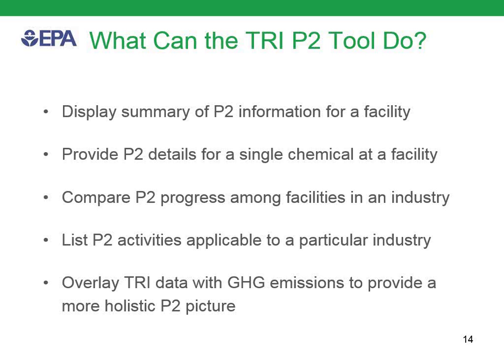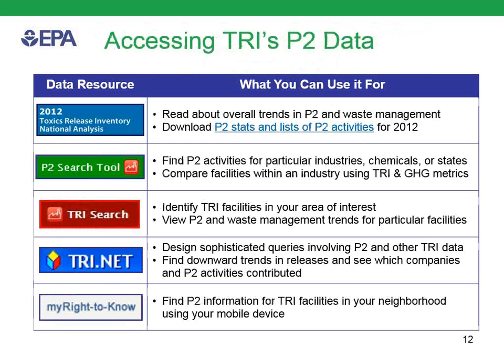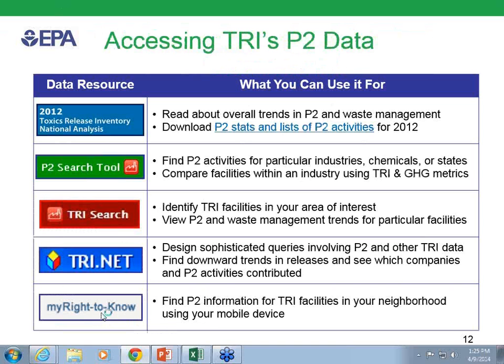And finally, the tool can help you overlay TRI data with greenhouse gas emissions to provide a more holistic P2 picture. So here I'm going to jump to the demo of the P2 tool and some of the other tools that complement it.